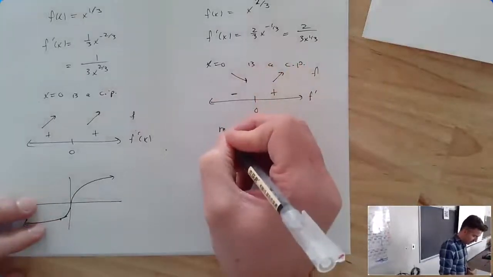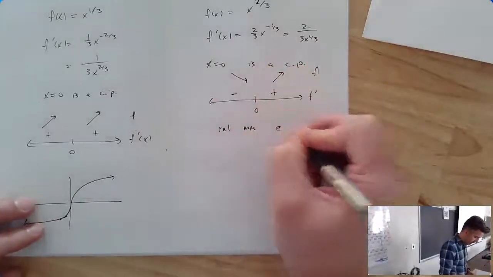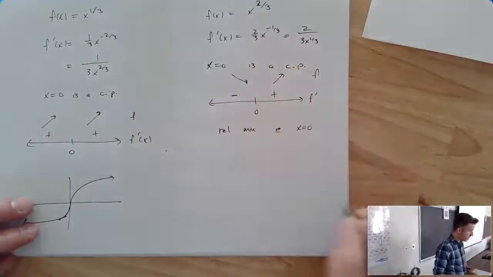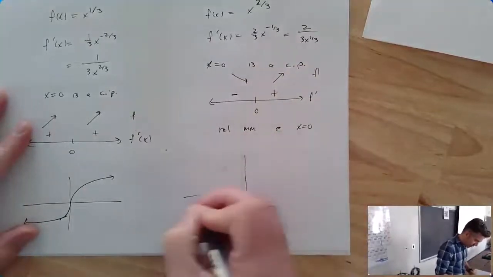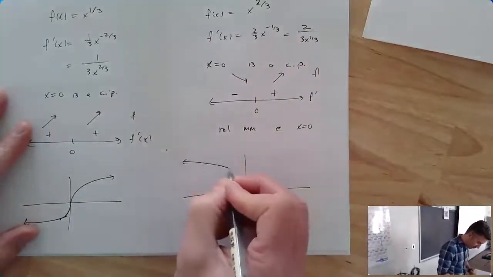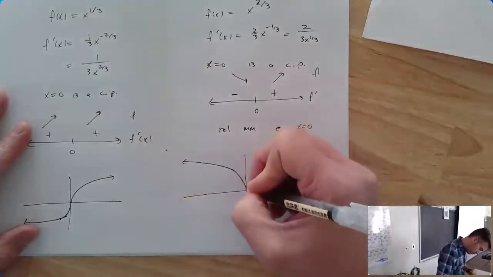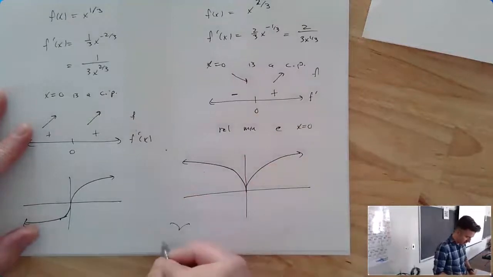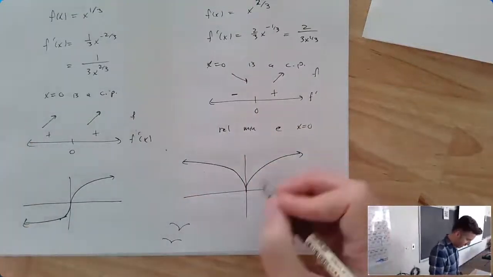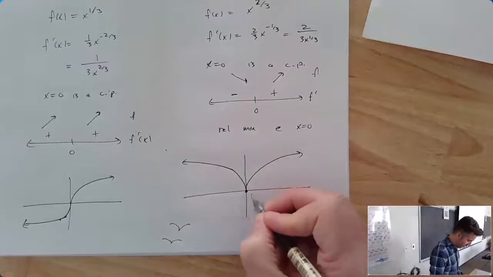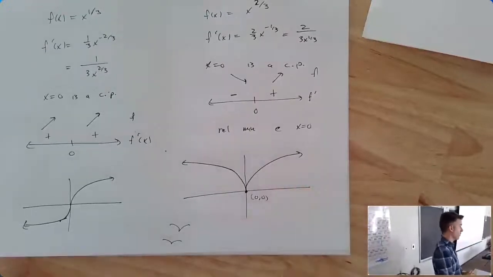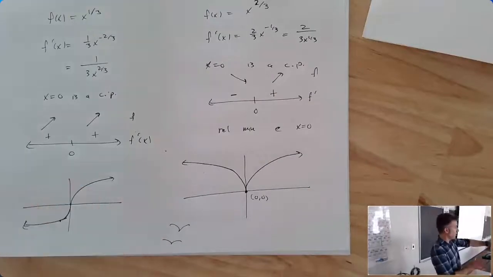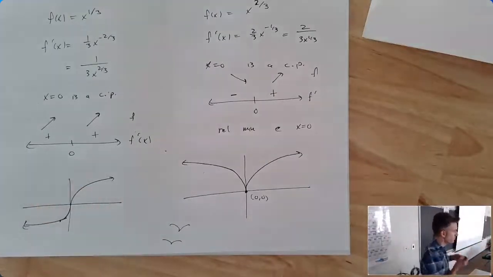So I do have a relative minimum at x equal to 0. Graphically, this function looks like this. I call it the bird function. It kind of looks like a bird that you might draw as a young person. But we definitely have a relative minimum at the origin here, where the derivative is undefined. So hopefully that answers your question. It was a good question, and I think this kind of answers it.